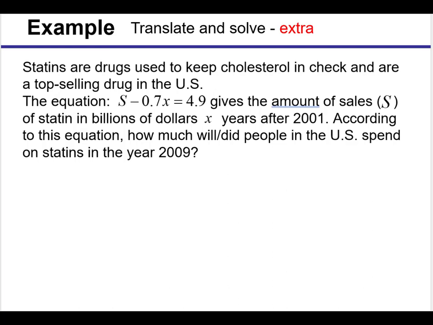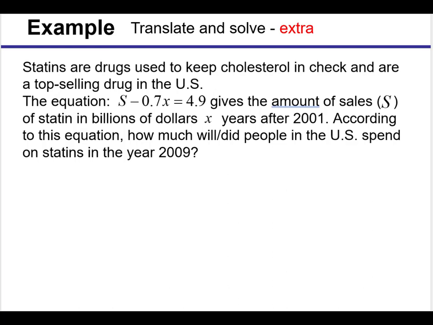The equation is S minus 0.7 times x equals 4.9, and this equation gives the amount of sales of statin in billions of dollars. And x is the years after 2001.